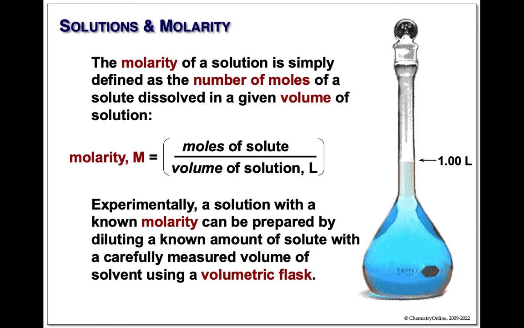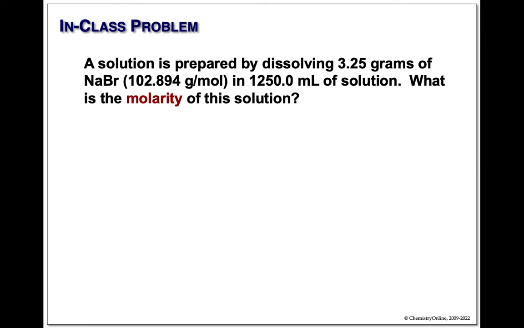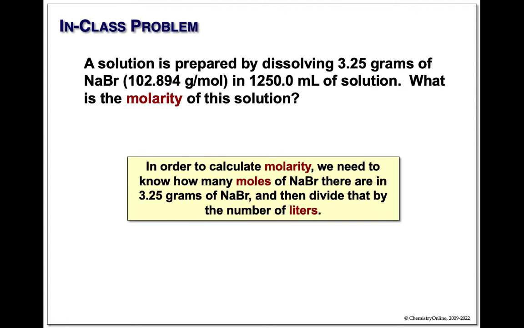Let's do a simple calculation. We take 3.25 grams of sodium bromide. We have 1,250 mL of solution. Calculate the molarity. Now, we know a mass, and we know the molar mass of sodium bromide. To calculate the molarity, we need moles of sodium bromide and our volume in liters.